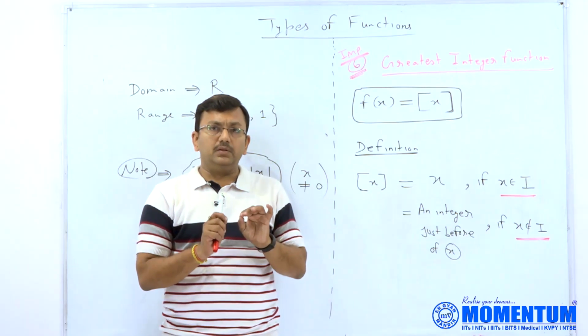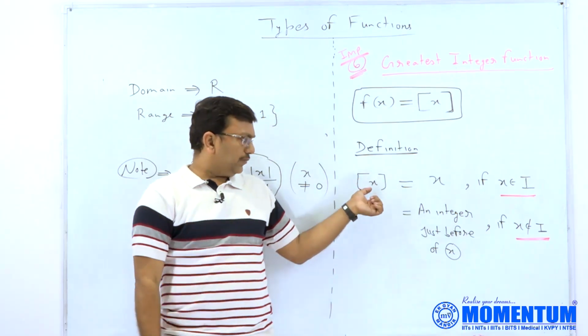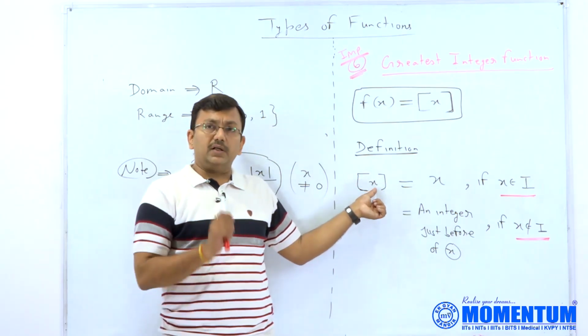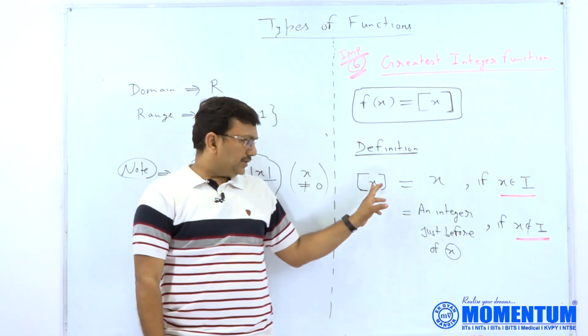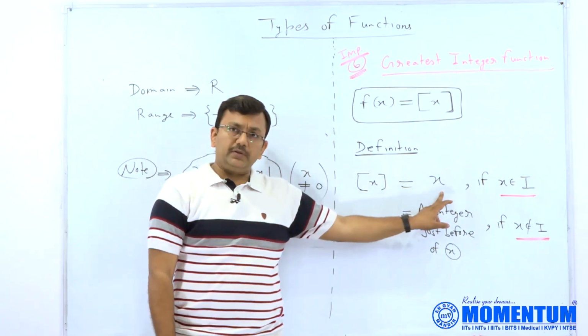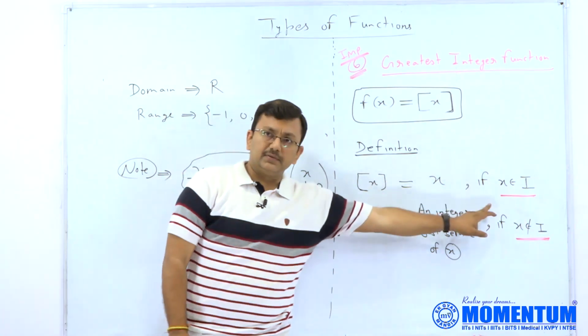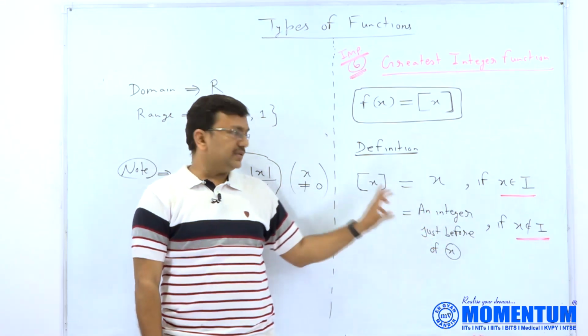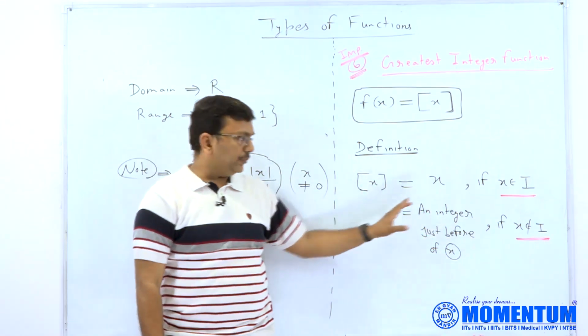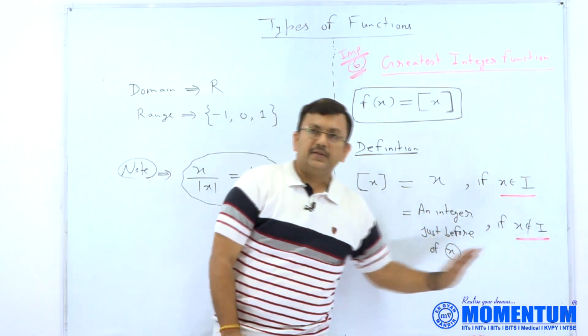Better to remember in this manner, whatever number quantity is written inside square bracket, same will be output if that is itself an integer. Output will be integer just before of input if input is not an integer.